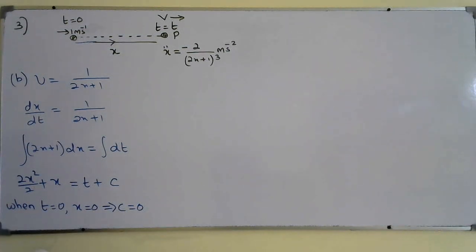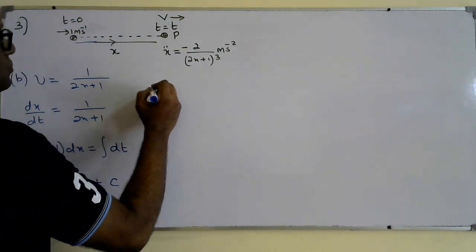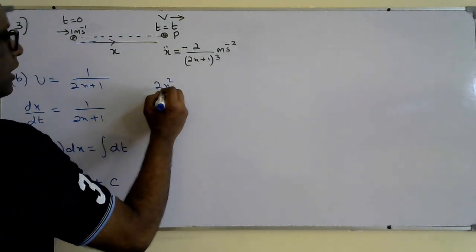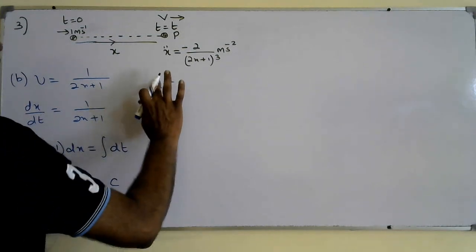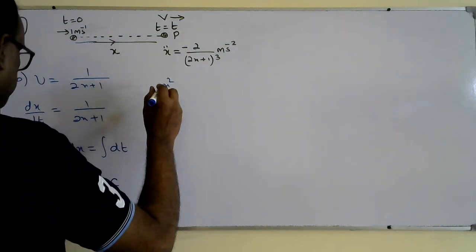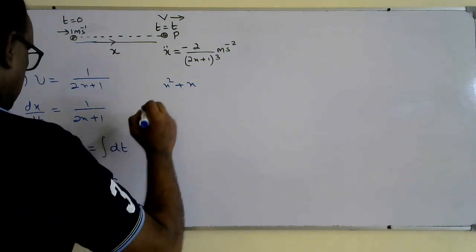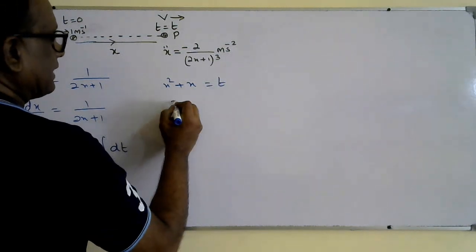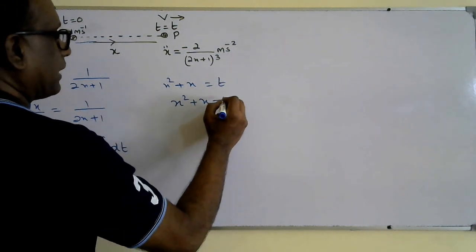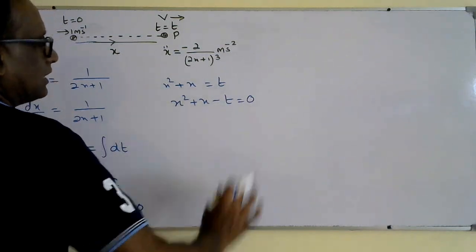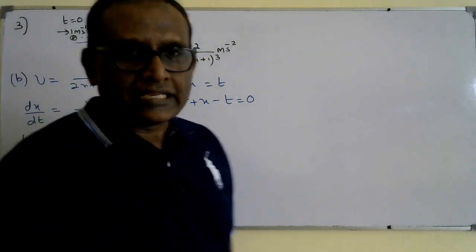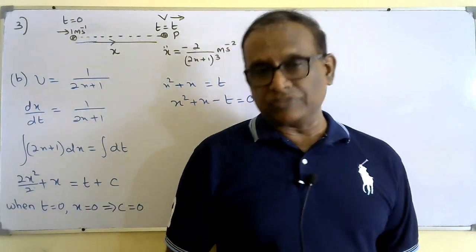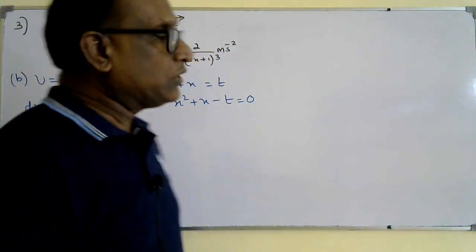Okay, so from that you will get x squared plus x equal to t, that is x squared plus x minus t equals 0. So anyway, t is a variable and x can vary, but it's a quadratic equation like that.